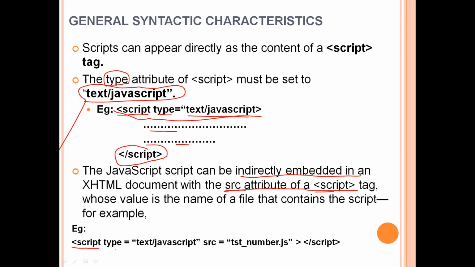Script type text/javascript, src is equal to the location, or you can say the URL of the JS file, that is the JavaScript file. JS here is the extension of a JavaScript file. So we have to use the src attribute of the script tag.